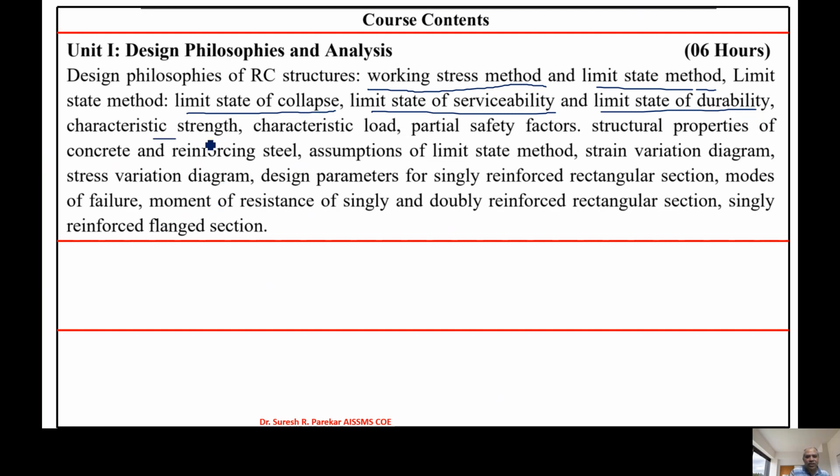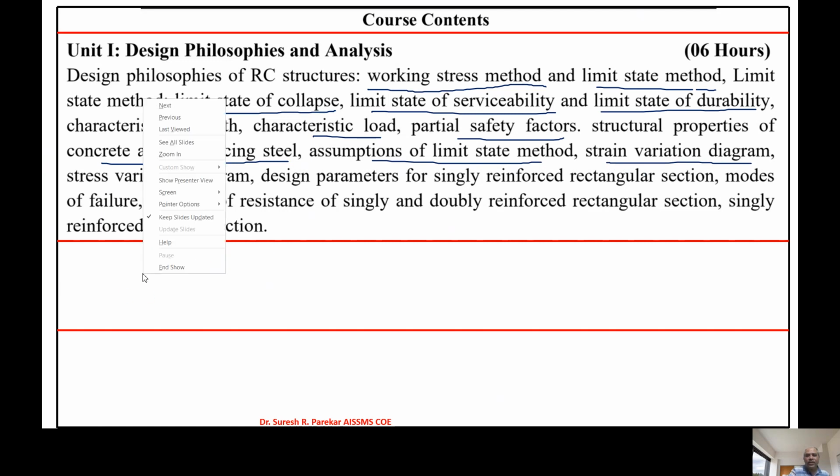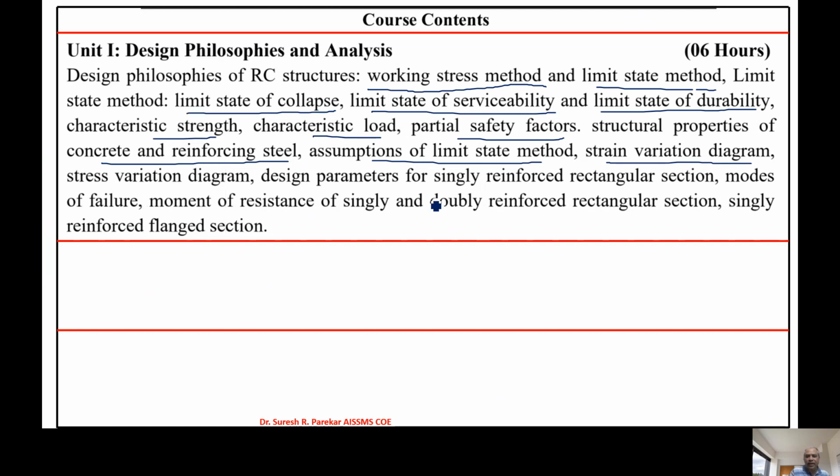Then characteristic strength, characteristic load, partial safety factor, then structural properties of concrete and steel, assumptions of limit state methods, strain variation diagram, stress variation diagram, design parameters for singly reinforced rectangular section, modes of failure, and then moment of resistance of singly, doubly rectangular sections, and singly reinforced flanged section. So you can see we have course outcomes 1 and 2.